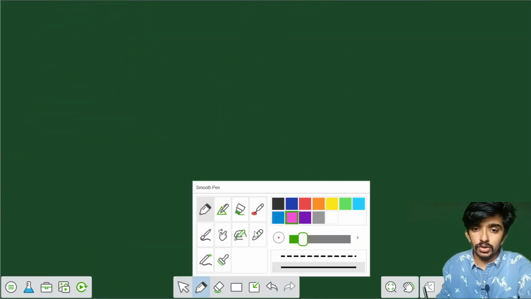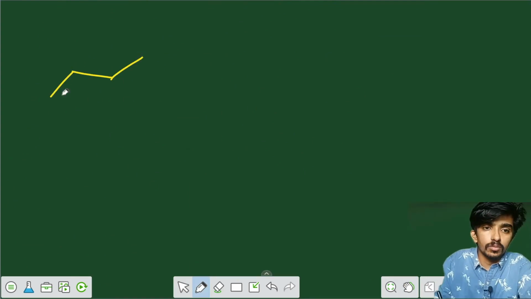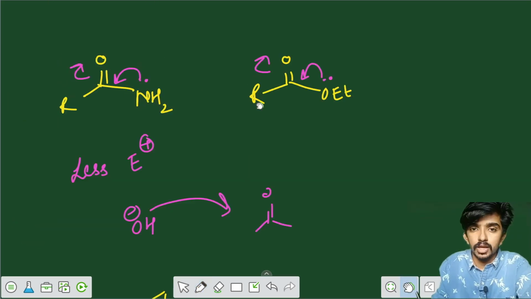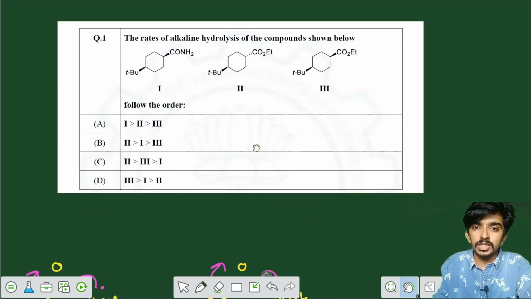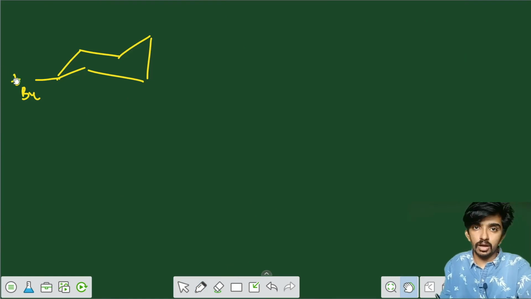I'll write down the structure for both. So in case of 2, trans is given. How to write trans? This is a conformationally locked tertiary butyl group.